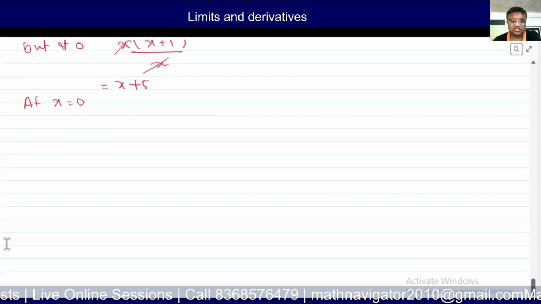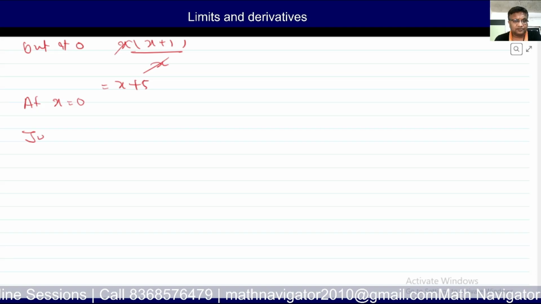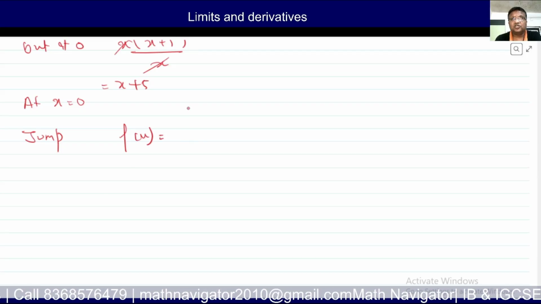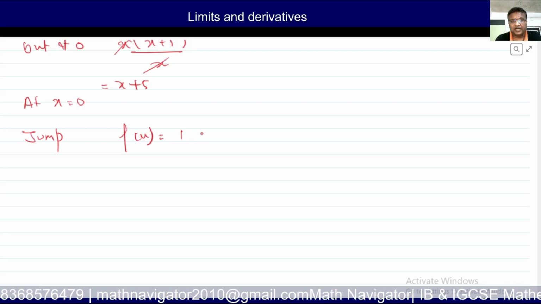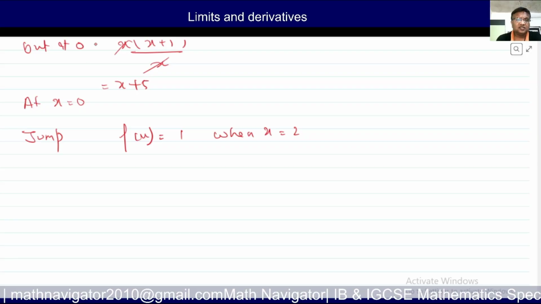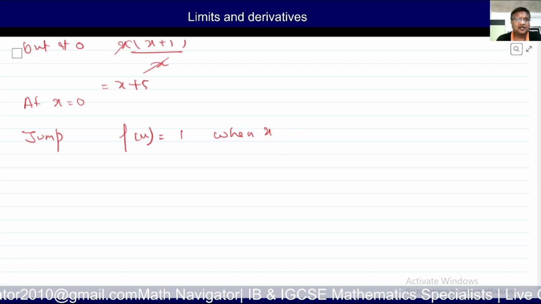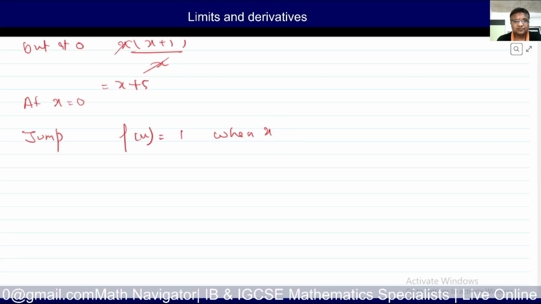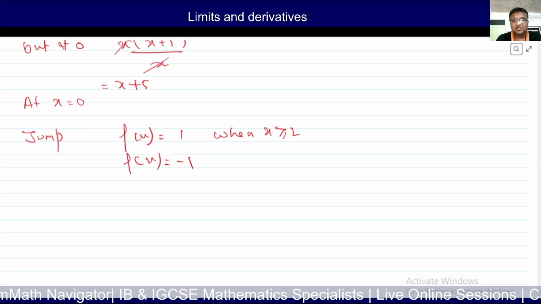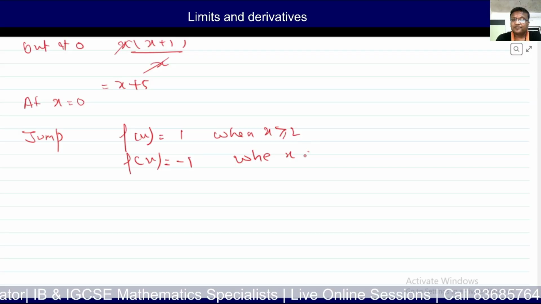But what about the essential discontinuity? There are two types of essential discontinuities. Jump. So let's say f(x) is equal to 1 when x is greater than or equal to 2, and f(x) is equal to minus 1 when x is less than 2.